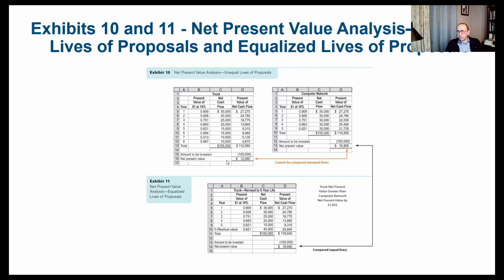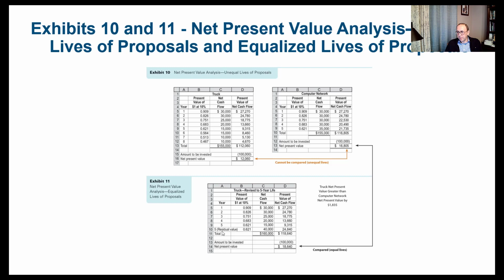Because of that, we have to convert the truck life into only 5 years. You can see here that we kept the first 4 years the same, 30, 30, 25, 20, and then 15, and that's the 5th year. And then at the very end we put the residual value in place of the last 3 cash flows for years 6, 7, and 8.